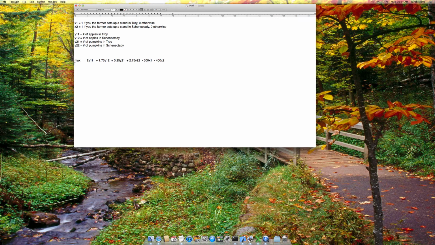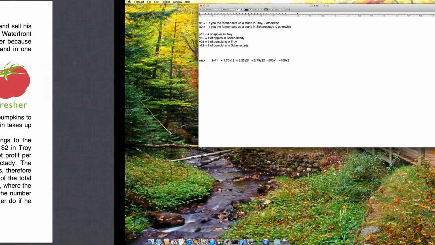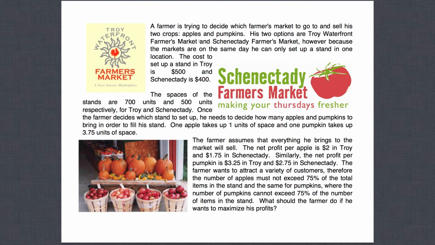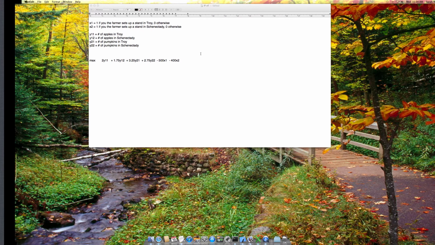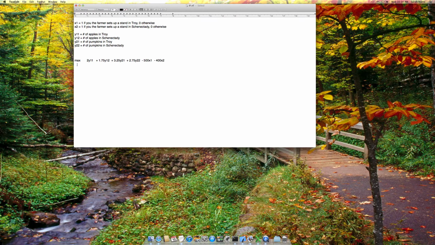Now we need to look at what constraints I have. In the write-up, starting from the top, it says he has two options. He can either set it up in Troy or Schenectady, but he can't set it up in both. Further, we don't say that he has to set up a stand at all. If he realizes it's not profitable to sell, then he's not going to set up a stand at all.